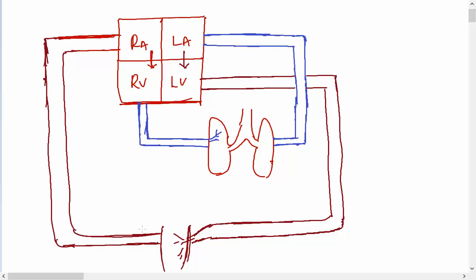So this is the understanding of circulation.